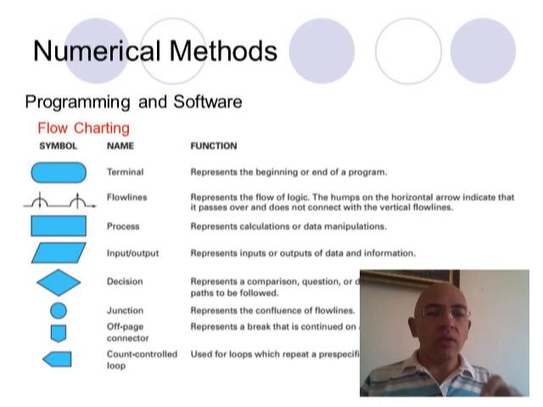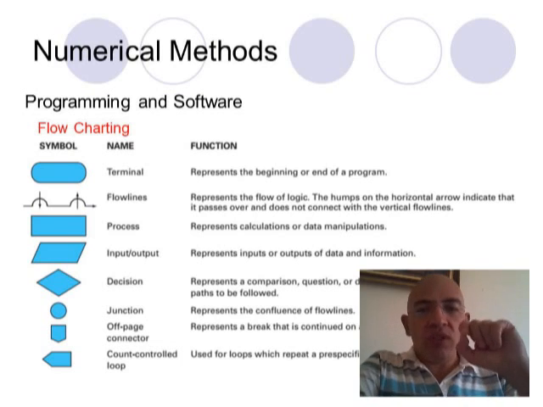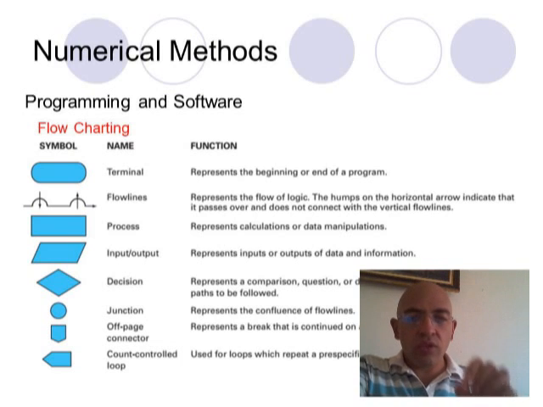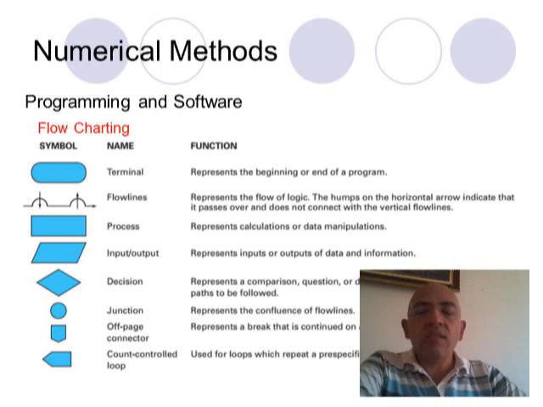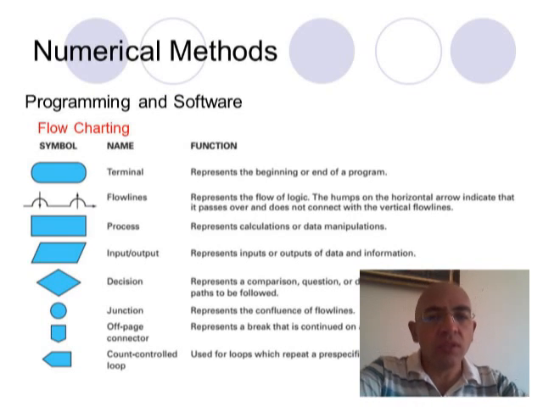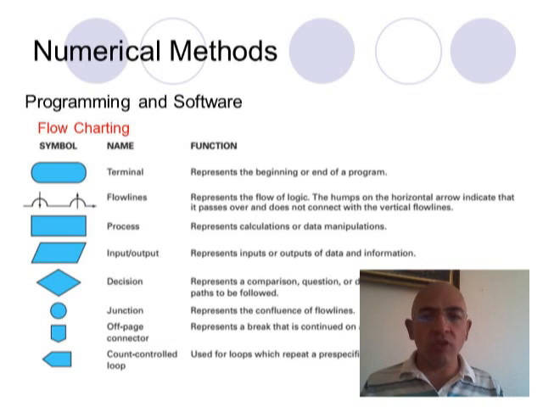At each step you put the process, and as an outcome of the process you decide what to do next. And this is the same for software. We have flow charting, and in fact we have different symbols for different operations, and regardless of the programming language that you are using for a certain task, this flow chart is the same. It doesn't change.